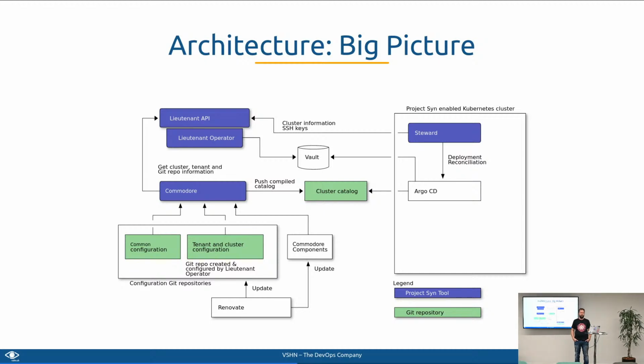And this Git repository stores the common configuration per tenant, but can also store configuration per cluster if you need that. And as you see, we also have Renovate, watching these repositories, making merge or pull requests whenever needed to update versions. And we have these Commodore components, which are stored on GitHub and can be used by the community.